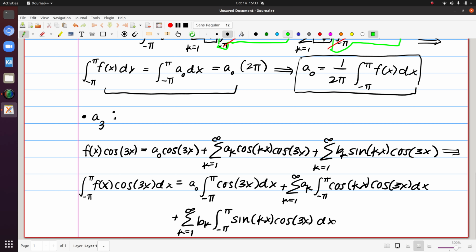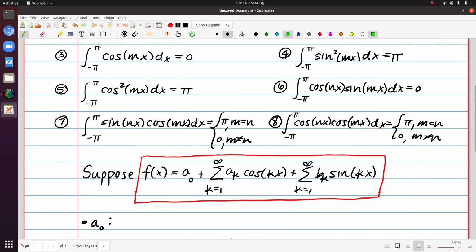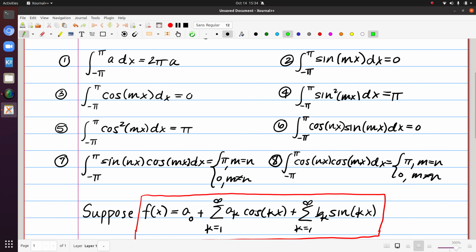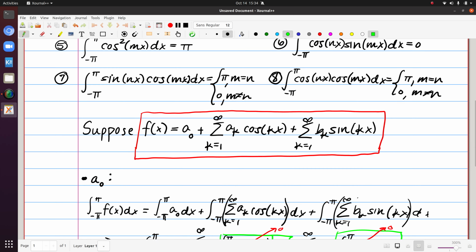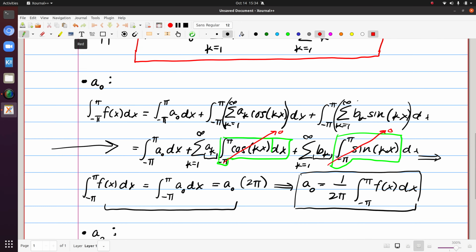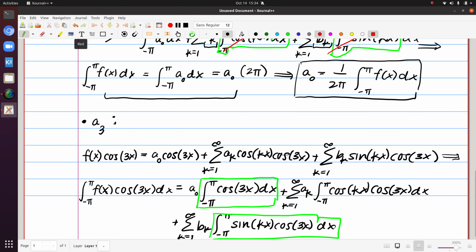So what I'd like to do here is, again, look back at some of my integrals that are given in the beginning. So first of all, the integral of cosine 3x, that is just integral number 3 above, where m is 3. And we know that that goes to 0. So this constant term here ends up multiplied by 0.